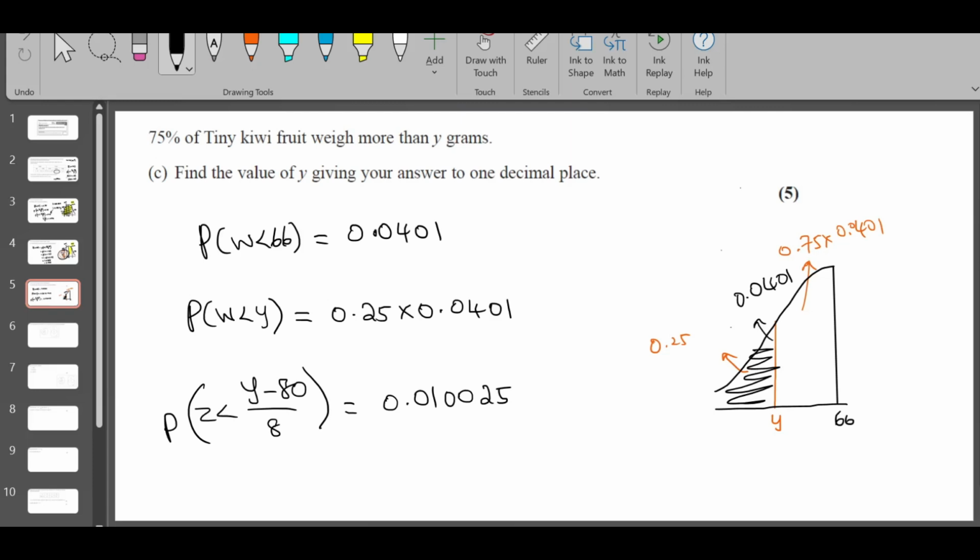Since the value is smaller than 0.5 and we are talking about left hand side area, definitely this is a negative number. So if we change it to a positive number, we can write it as z is greater than 80 minus y over 8, which is going to be the same.